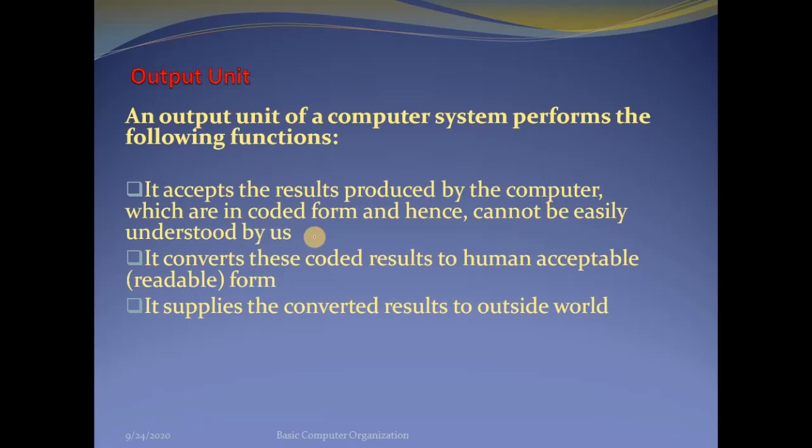So what this output unit will do is take whatever result has been produced by the processor and already stored in the storage device, and give it out. The output unit will convert this binary information, the result present in binary form, back to a high level language, so that humans can read and understand it easily.